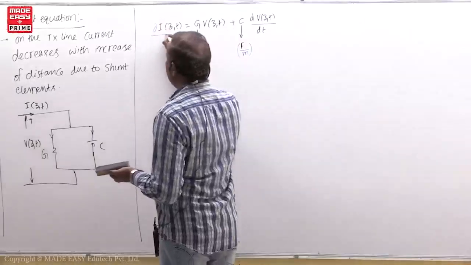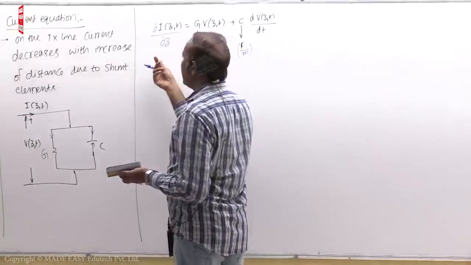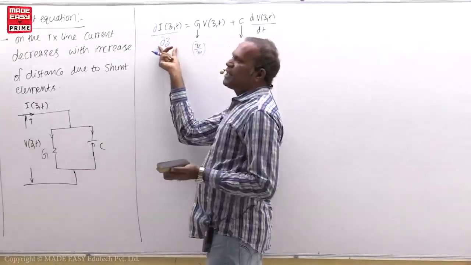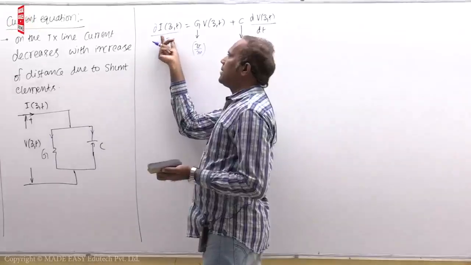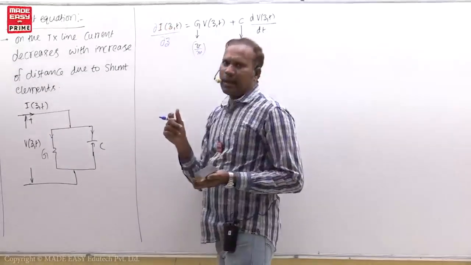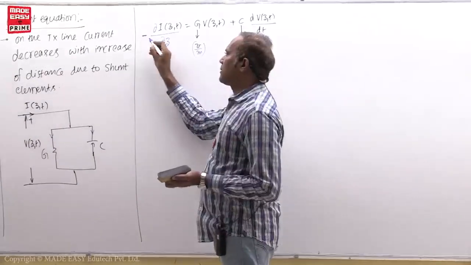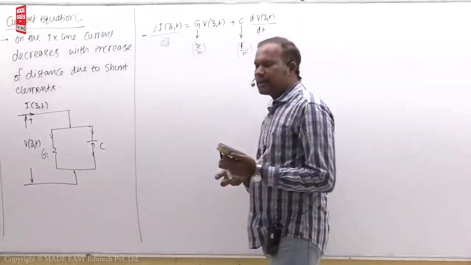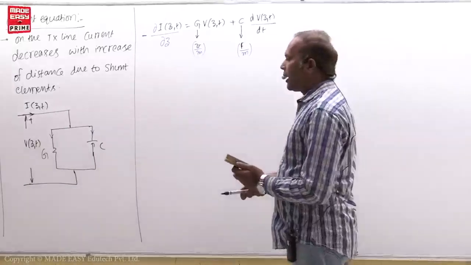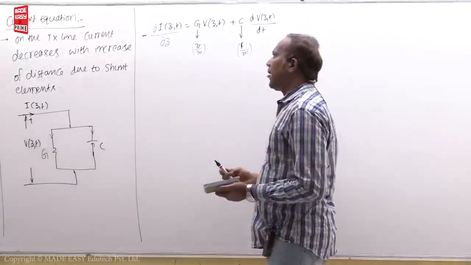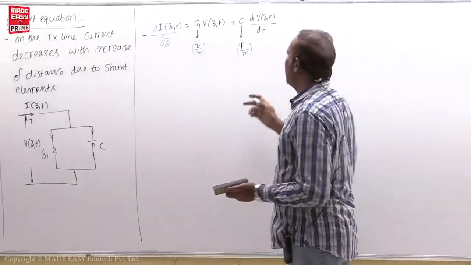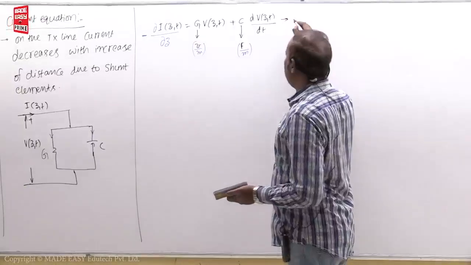So here that is dz. The meaning is, for delta z or dz distance, there is a change of current di. That current decreases because of losses in the shunt elements. And this is the current equation, equation number 3.